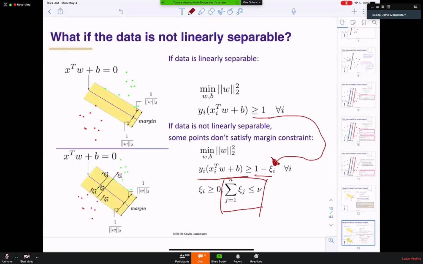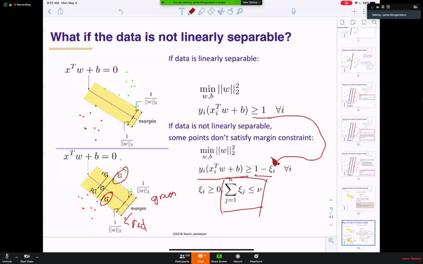Okay, so as is drawn in this nice little picture, what we have here is a margin where the decision rule is saying red points should be on this side and green points on this side. But we have some red points on the green side and green points on the red side.